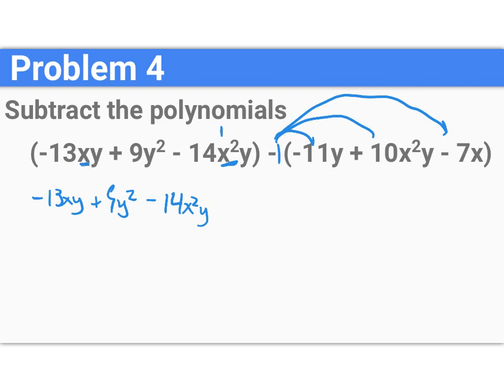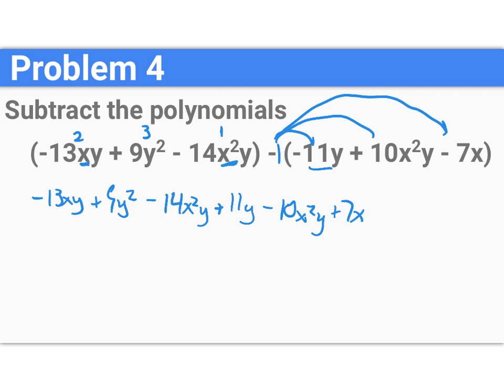So this is going to be a first term, this is going to be a second term, this is going to be a third term. And then over here you have a y plus 11y minus 10x squared y plus 7x. That's a 7x. Okay.